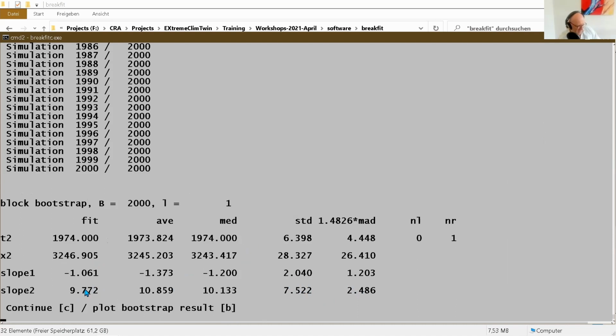You should also bear in mind that the data end in 2001. That means since 1974 we have 27 years. Therefore, we can expect that the uncertainty for that slope estimate is larger than that one, because here fewer data points contribute to this.